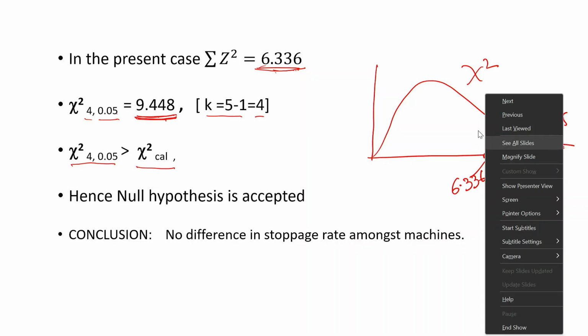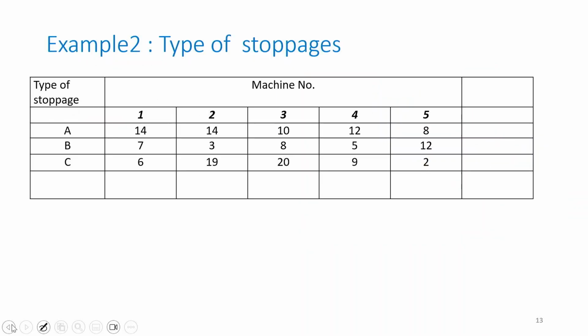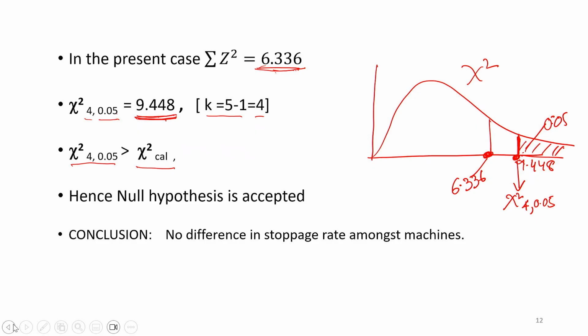So at the 5% level of significance, the value should have been 9.448 or more. Since the calculated value is less than this, we conclude that there is no difference in the stoppage rate between the machines. Hence, the null hypothesis is true and we have to accept it.